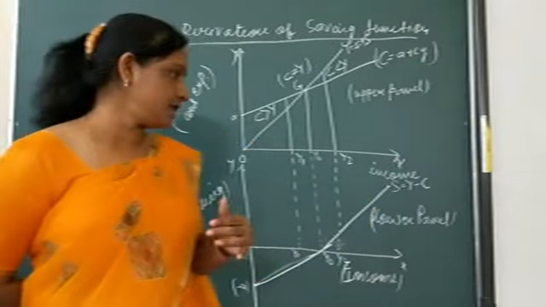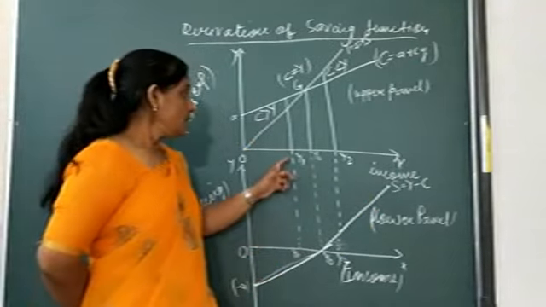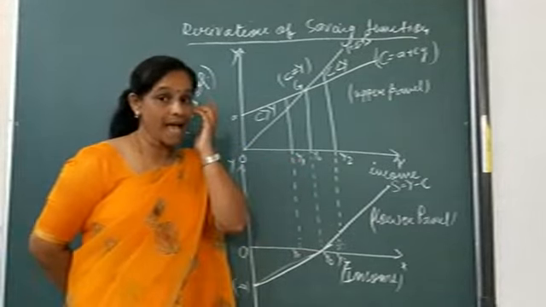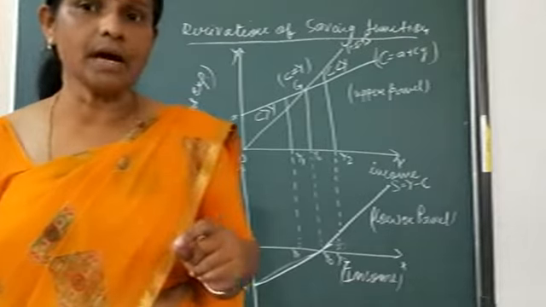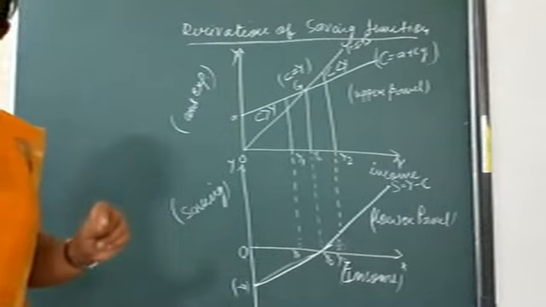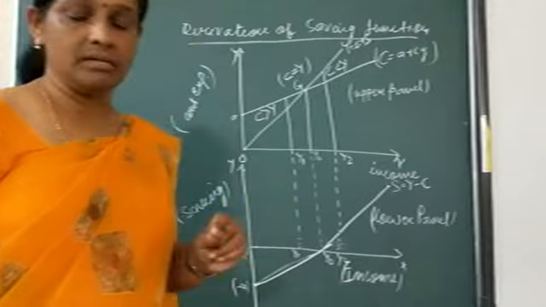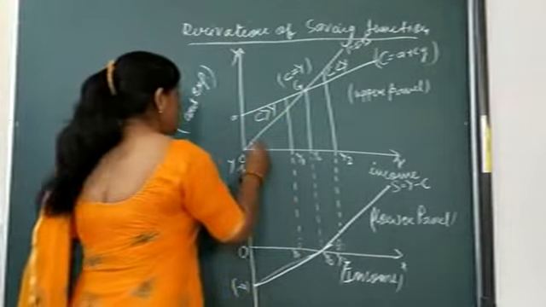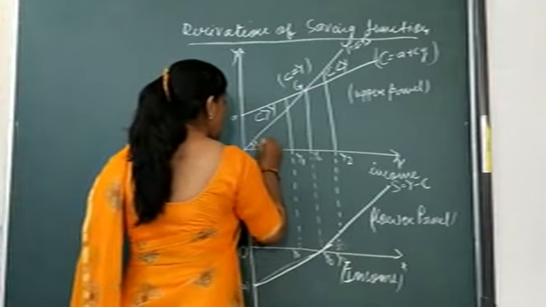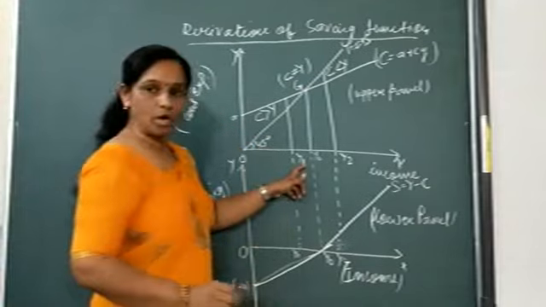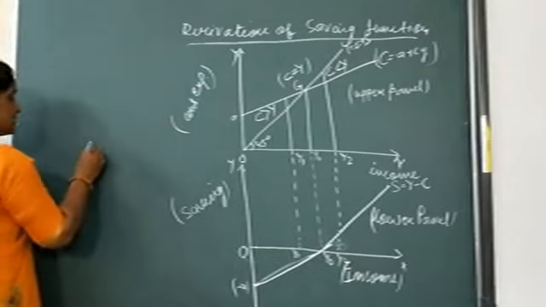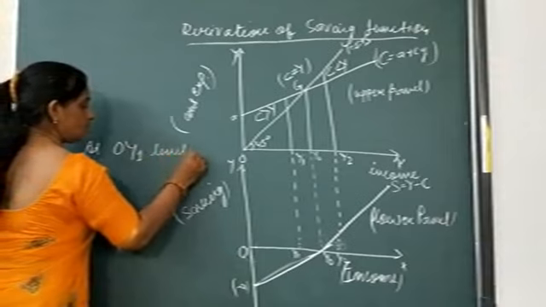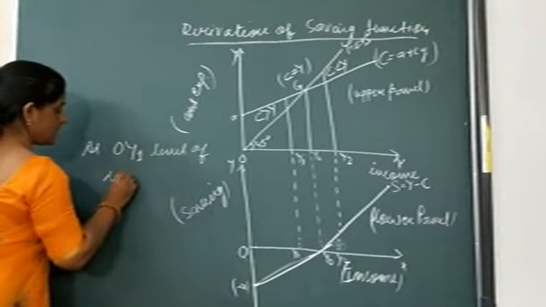Now change the paragraph and write. At OY1 level of income, desired consumption expenditure is greater than level of income. At OY1 level of income, what will you write?